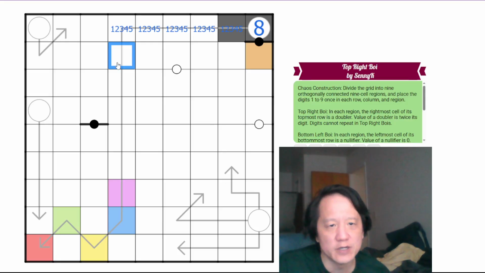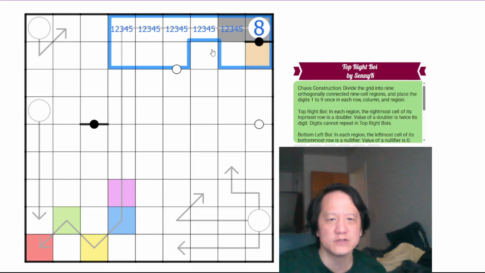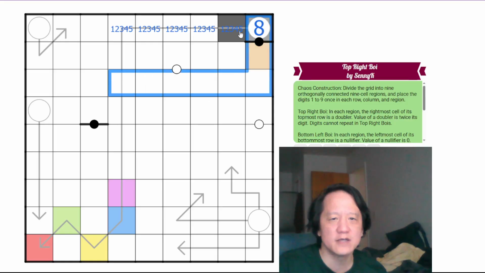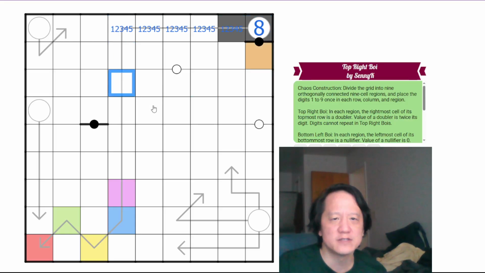Because assuming that these are bottom left boys, that means all the digits in the region this is the bottom left boy in, has to be in one of these cells here. Same with this. So then that counts for 18 cells where this is the bottom left boy and that's the bottom left boy.